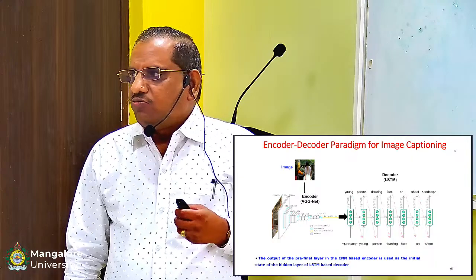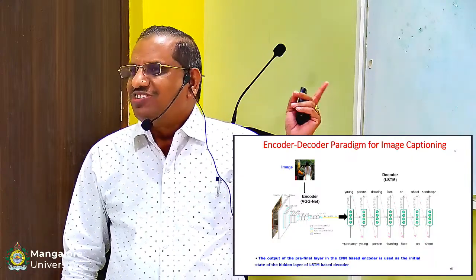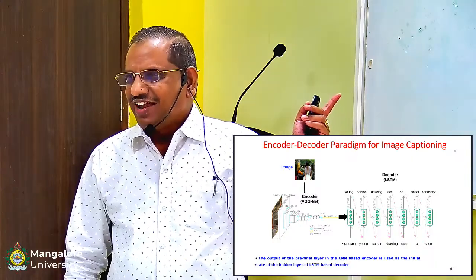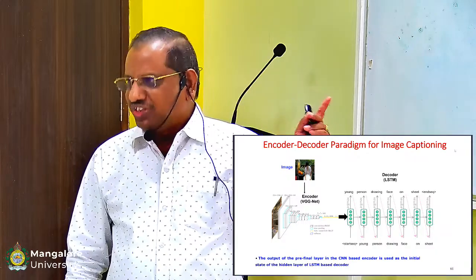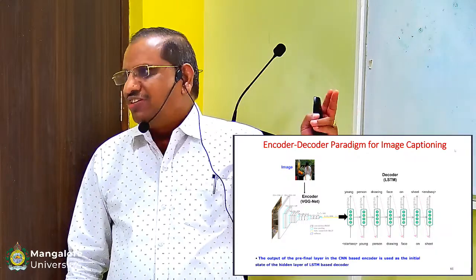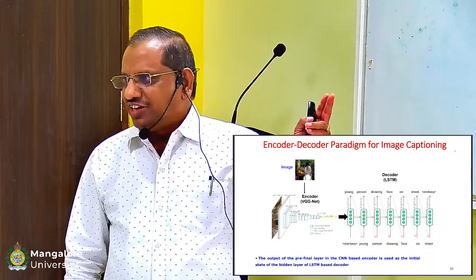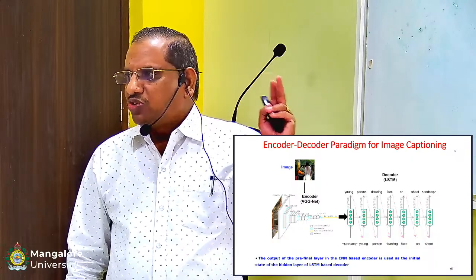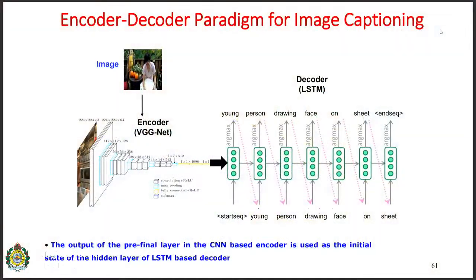And what sequence of words to be generated depends on the content of the image. During the training process, we have both the image and the sentence to be generated. So we make use of both of these and train the whole model, both the CNN model as well as the recurrent neural network model.